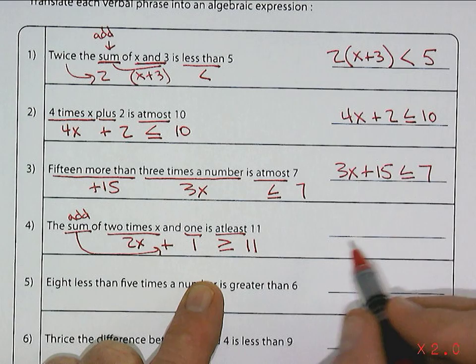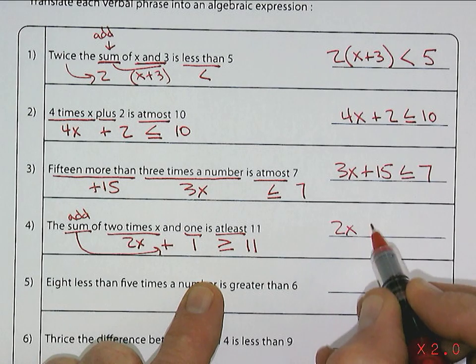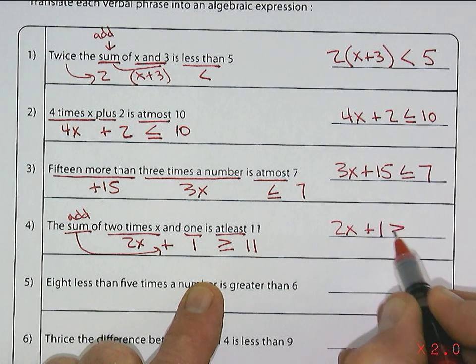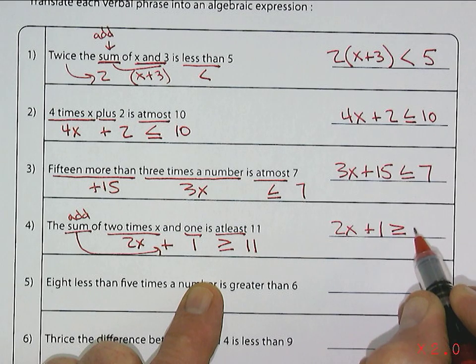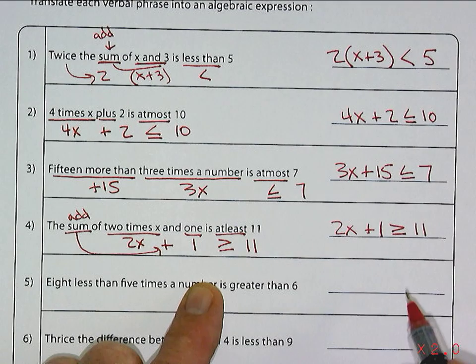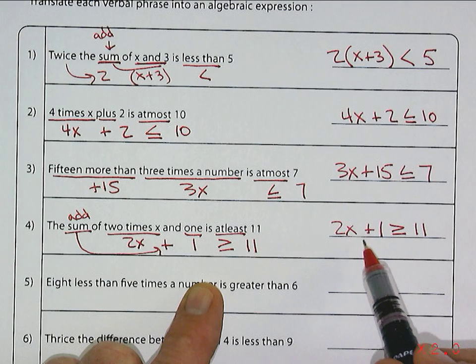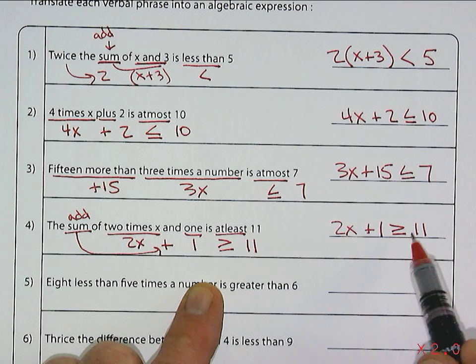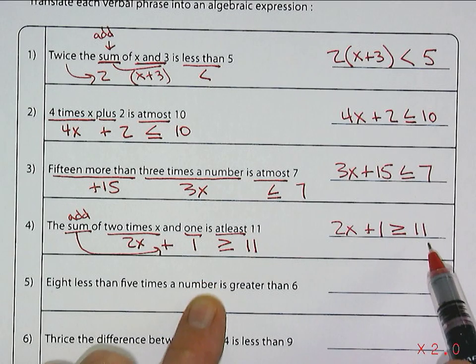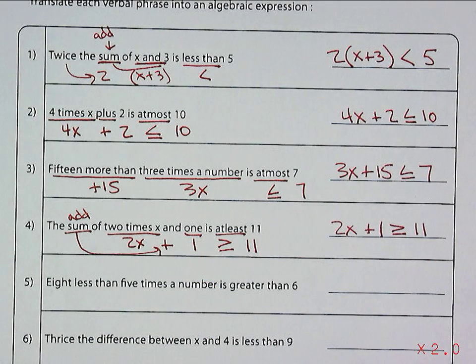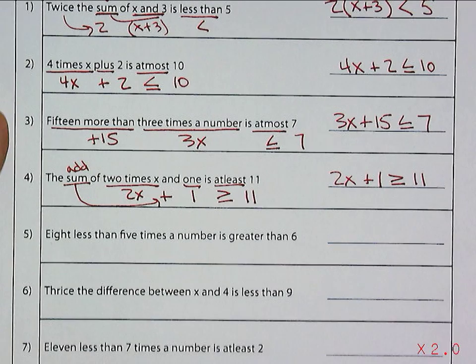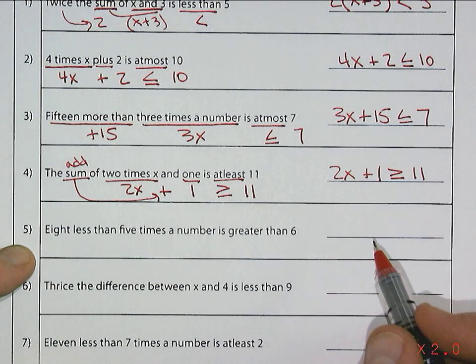So 2x plus 1 is greater than or equal to 11. See, the sum of 2 times x and 1 is at least 11. And there's the phrase written in an algebraic expression form.